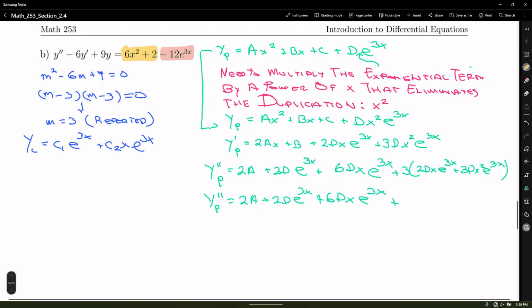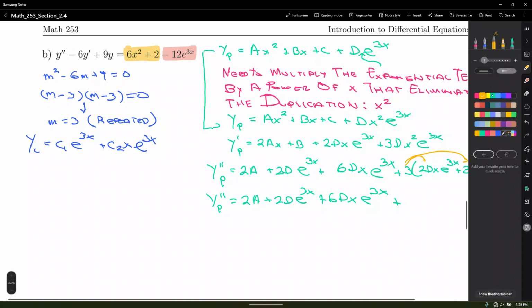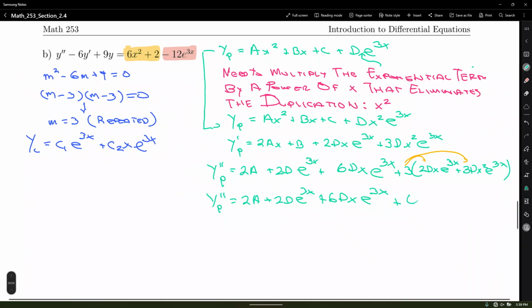We're going to distribute. Let me actually distribute and then combine like terms. That's a 6dx e to the 3x plus 9dx squared e to the 3x. Okay, let's combine like terms.